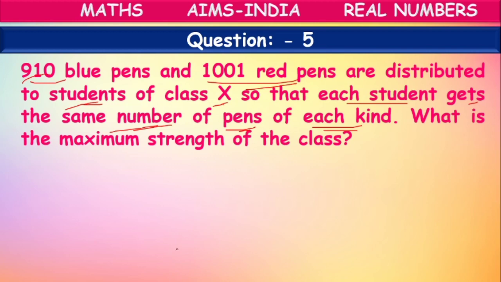Here they are telling 910 blue pens are there, 1001 red pens are there. Let's take them as A and B. They are distributed to students of class 10th so that each student gets the same number of pens.